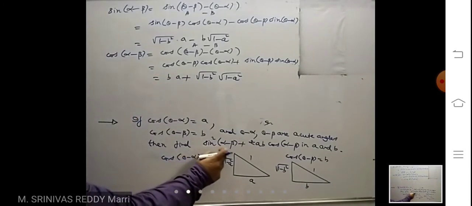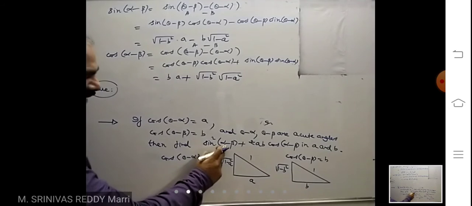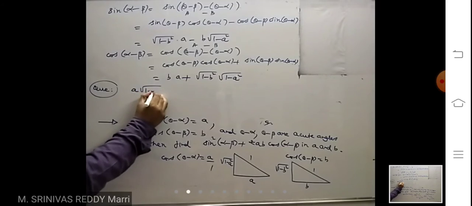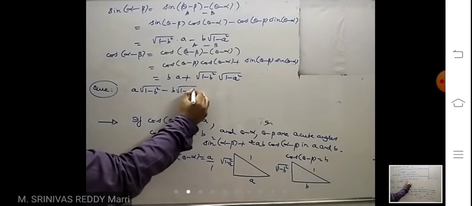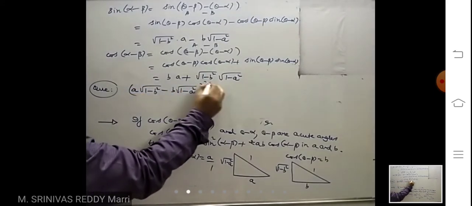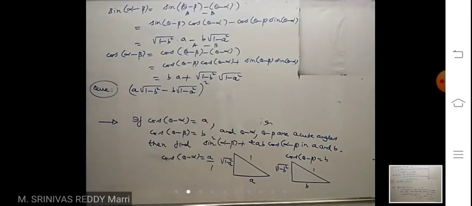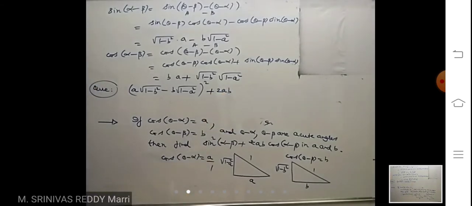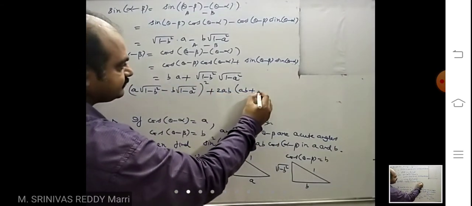Now what is he asking? If you take the question, sine of alpha minus beta whole square, that means a into root of 1 minus b square, minus b into root of 1 minus a square, whole square. Look at this whole square. This is nothing but sine of alpha minus beta whole square plus 2ab into cos of alpha minus beta.